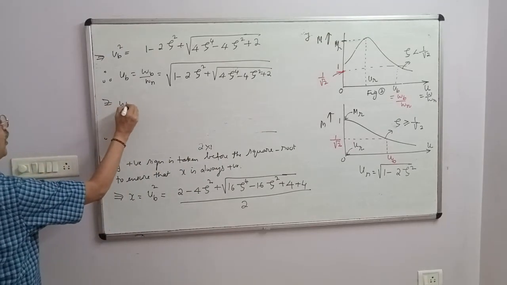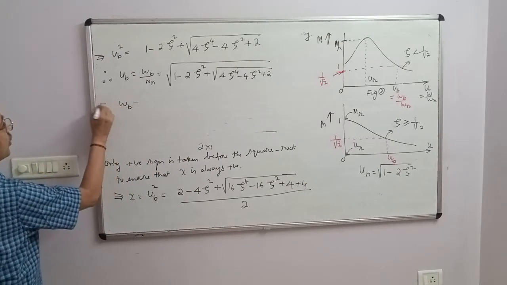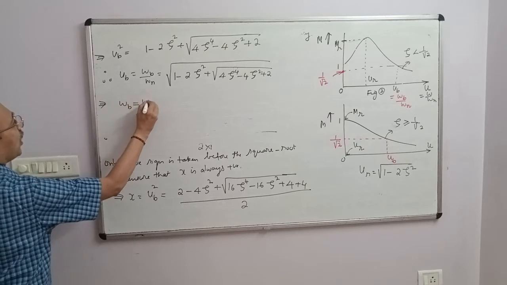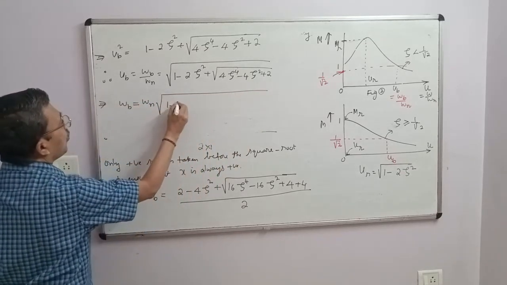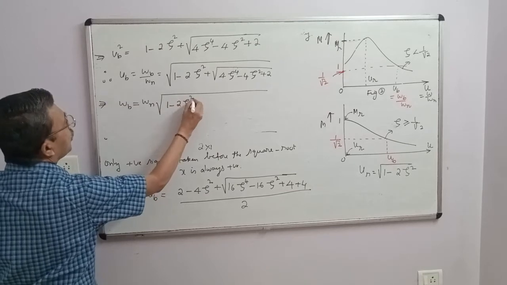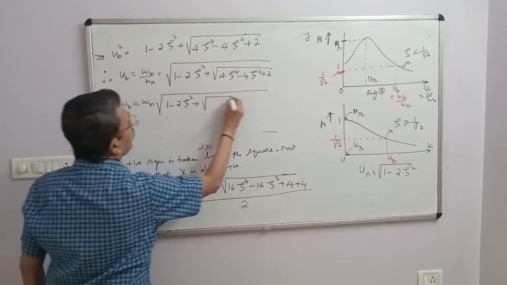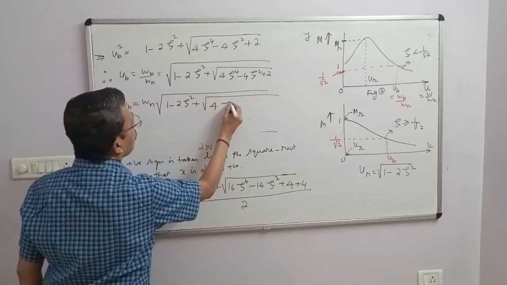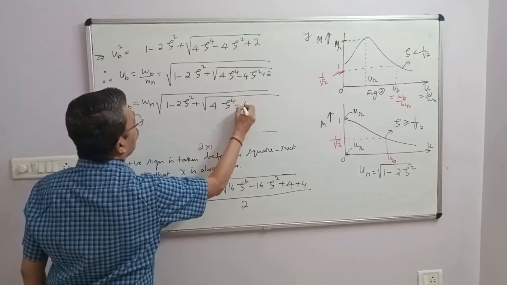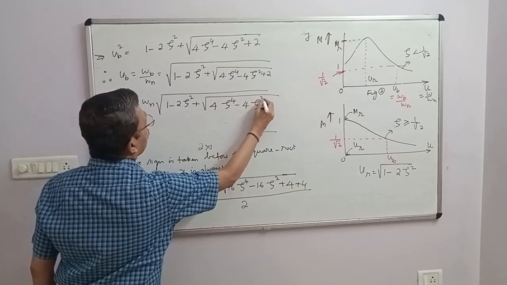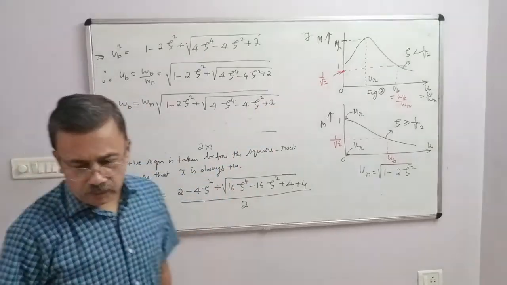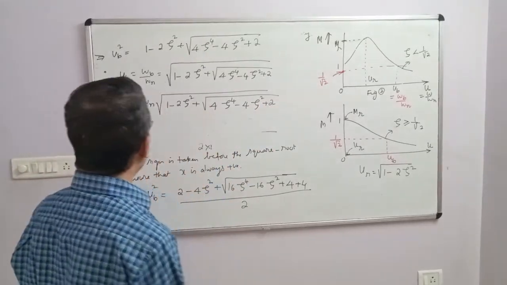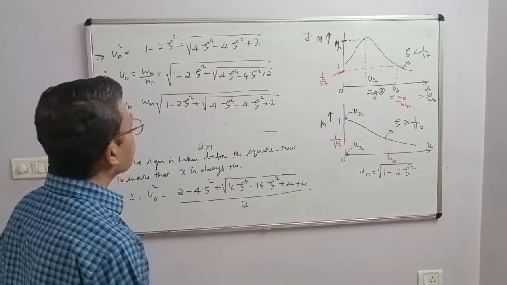This implies bandwidth omega b equals omega n into root of 1 minus 2 zeta square plus square root of 4 zeta to the power 4 minus 4 zeta square plus 2. This is the formula for bandwidth omega b.